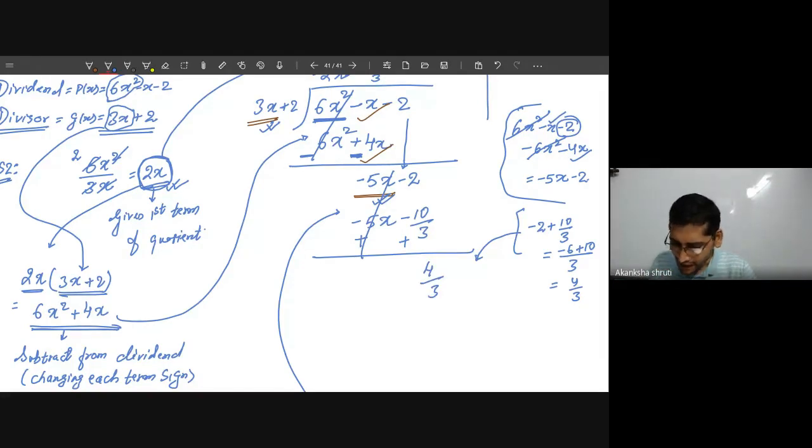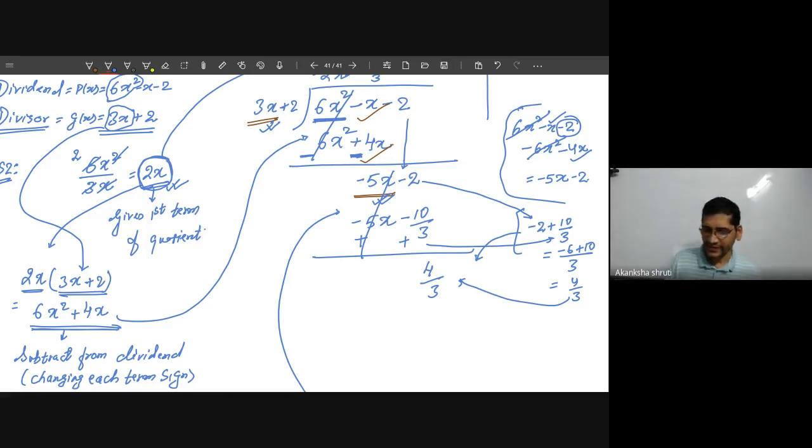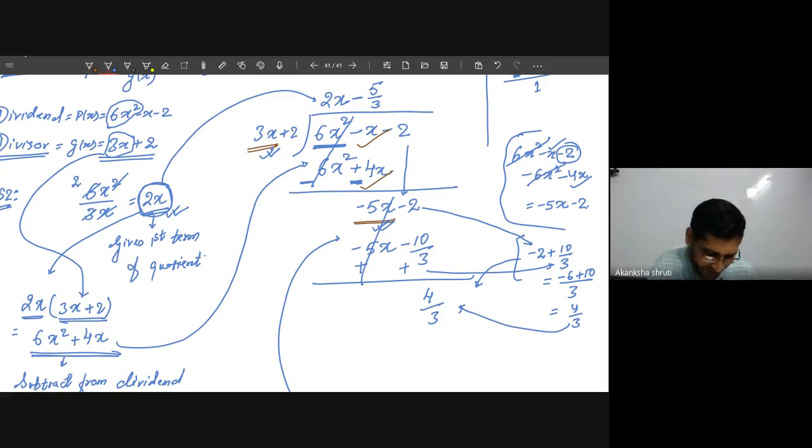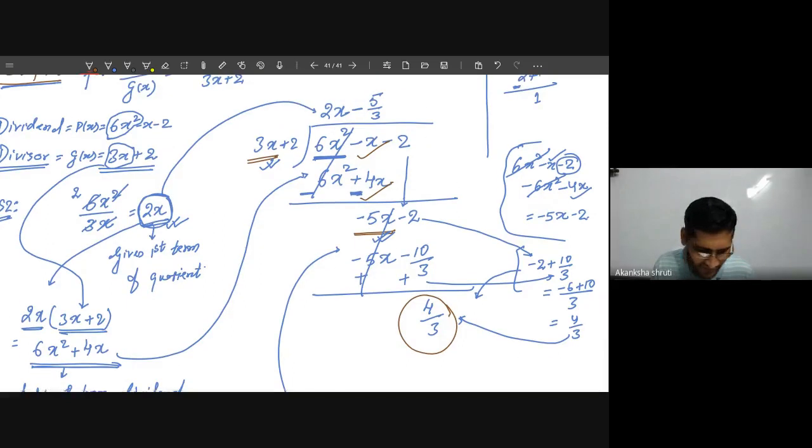Okay, students? But how are we getting this 4 by 3? That is being displayed here. It is this one and it is this one. These two are simplified to get this one. So whatever simplified result is obtained, it is this one. Okay, students? So now, whatever we have obtained, observe carefully. The degree of this 4 by 3 is what?